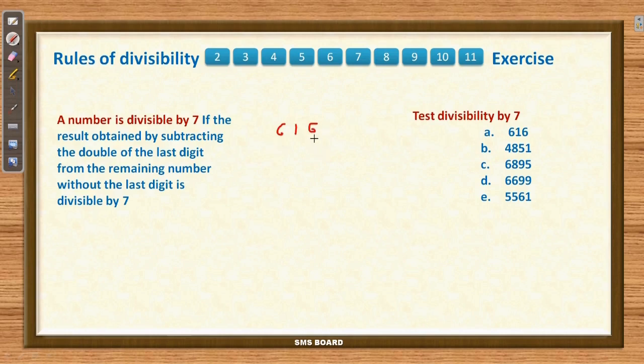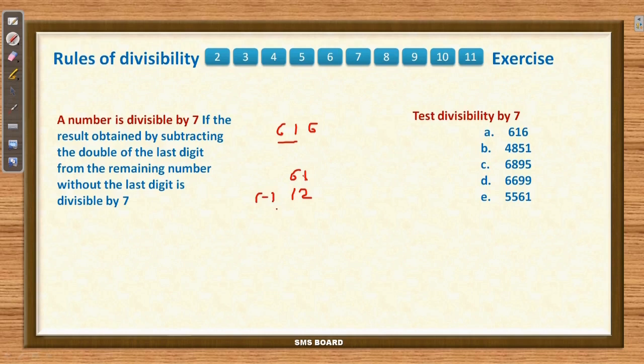So you double that, which is equal to 2, and subtract it from the remaining number without this last digit, that is 660. You have to subtract 2 from 660.